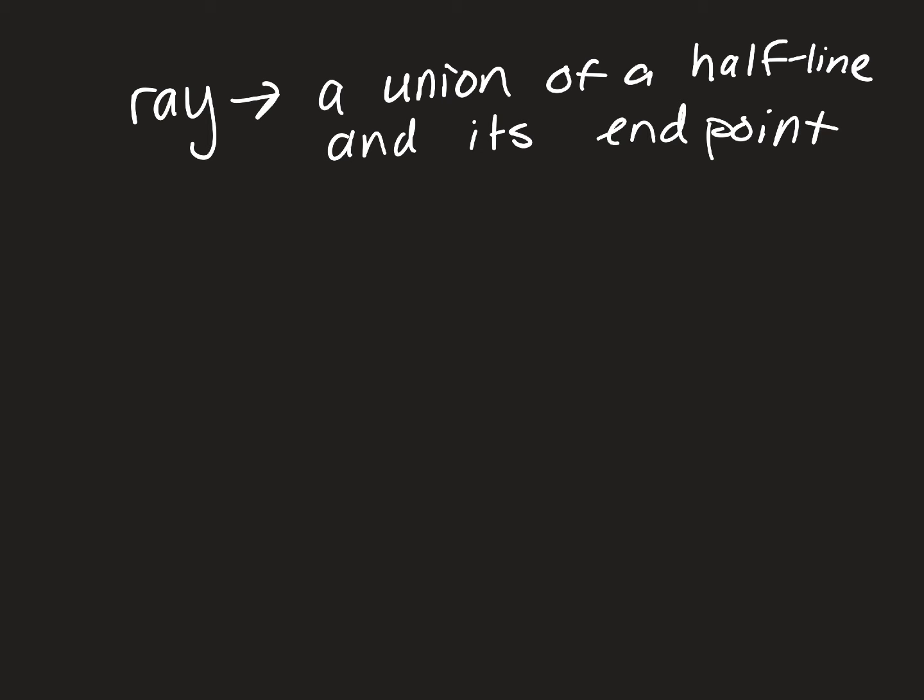Again, the notation for a ray would just be like AB, and it's just a single arrow pointing one way. You don't have to put a filled in dot or anything. So it's part of a line that includes the endpoint. To draw ray AB, your endpoint is A. Whatever letter is on the non-arrow side is always going to be your endpoint. Then you draw your ray, and B is always the part with the arrow.